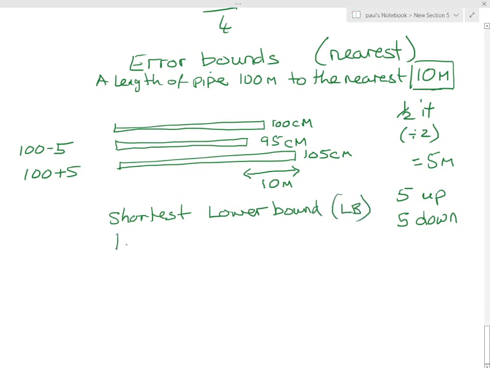The longest is called the upper bound. Can't call it longer and shorter because this could be weights. The upper bound. So that's how you work out an error bound question.